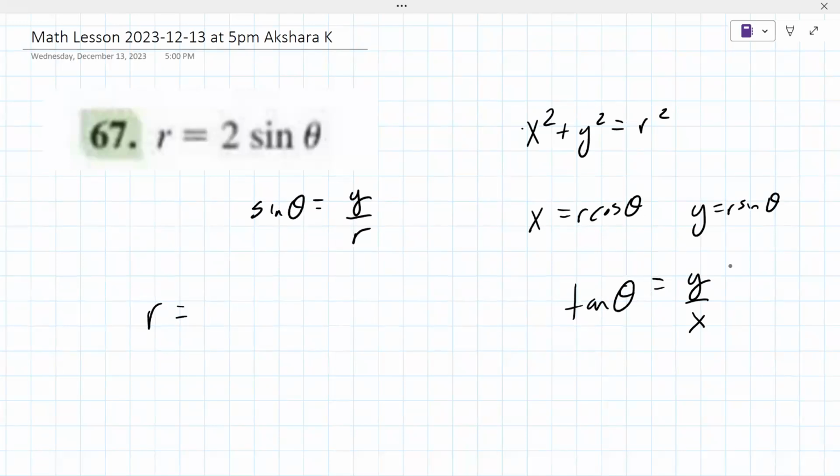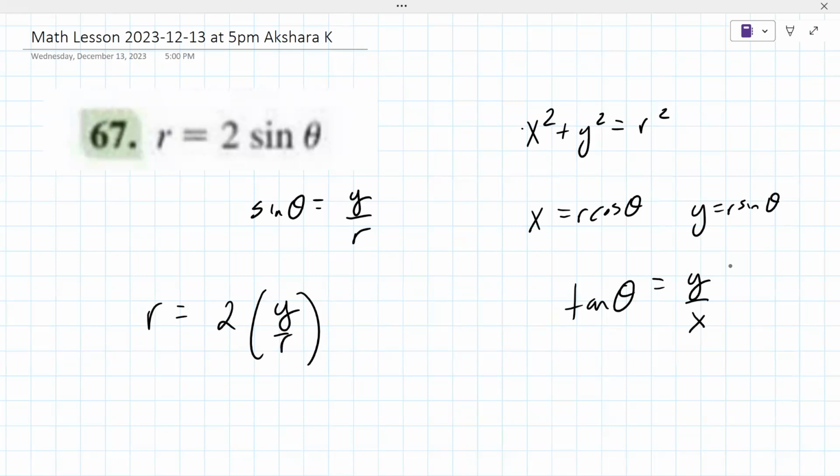So r equals 2 times y over r, like that. Is that clear? Yeah. And our goal is to get rid of r and theta, so we've done half of that.